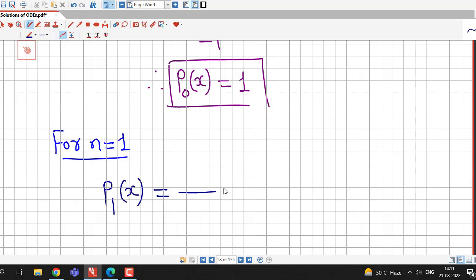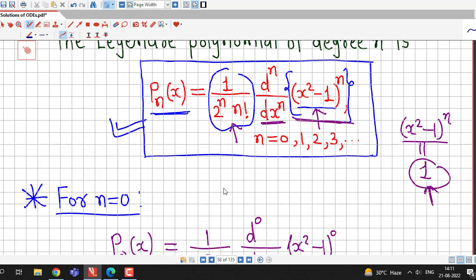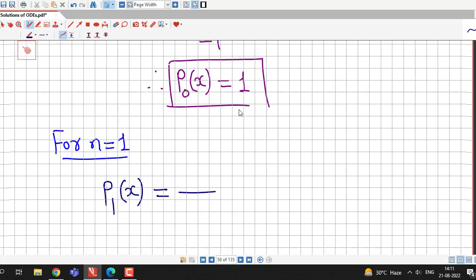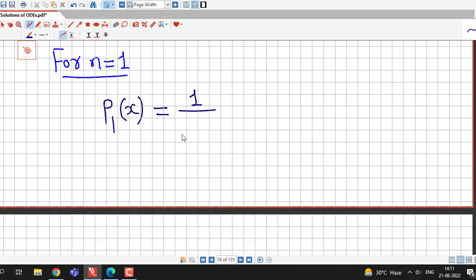So in that formula we take n equal to 1, so we have 1 divided by 2 raised to 1 into 1 factorial, and n is 1, so we consider the first derivative of (x² − 1) raised to n.